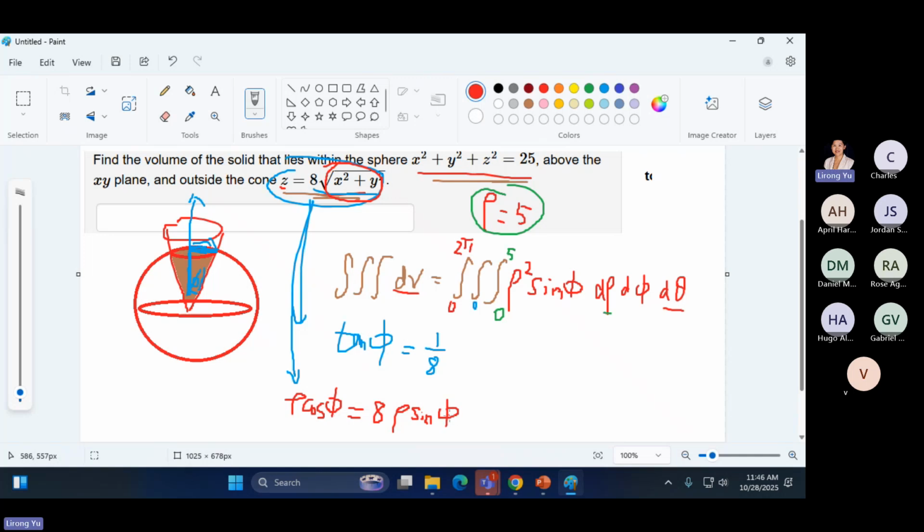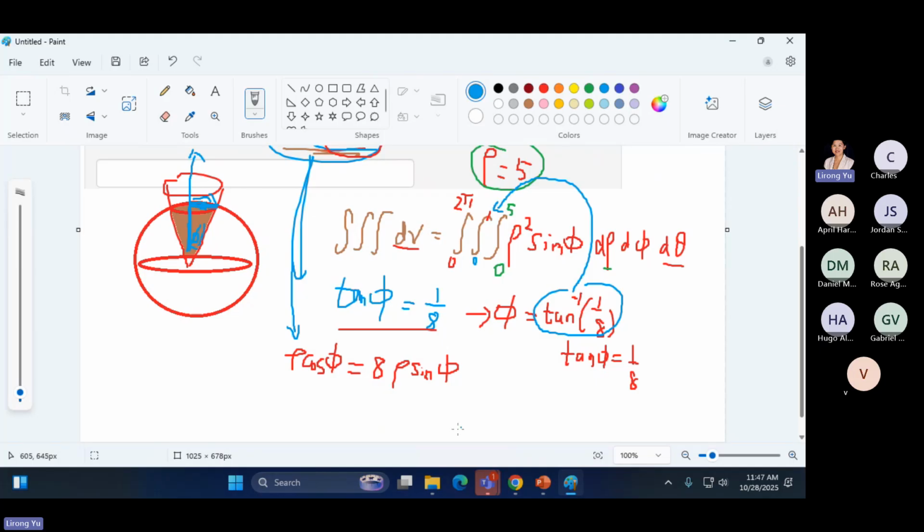Divide both sides by rho, since rho is not 0, and then you have the tangent of phi equal to 1/8. I'm trying to get to this equation so that we can have the upper limit of the angle. The upper limit is arctan, or tangent inverse, of 1/8. That goes in here. So that's the integration limit for all three variables.